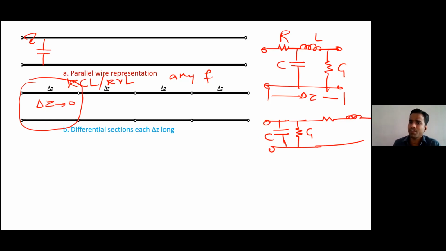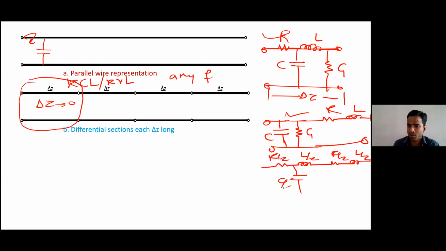We can have any possibility because they are all distributed. In some books you may see them shown like this, and in some books they may put R by 2, L by 2, R by 2, L by 2, and here C by 2, G by 2, and C by 2, G by 2.